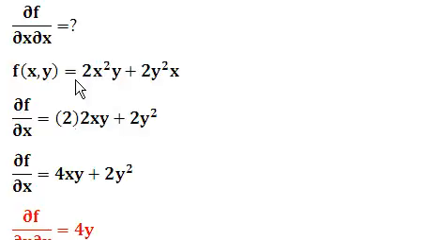You bring the 2 out front, subtracting 1 from the exponent, and now we're left with 4xy plus, and now this y squared, because it's times x here, we just treat it like a coefficient. So just pretend that this 2y squared right here is all one single number.